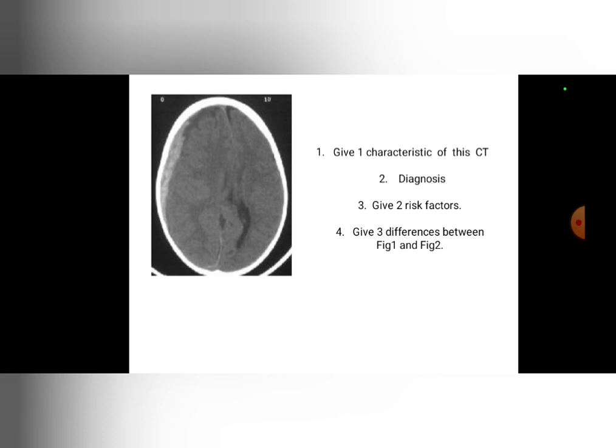It's a crescent and even isodense, because in the anterior aspect, the frontal aspect, you have isodensity or even a small hypodensity, and in the posterior aspect you have a hyperdensity. So this is a distinction from an epidural hematoma.